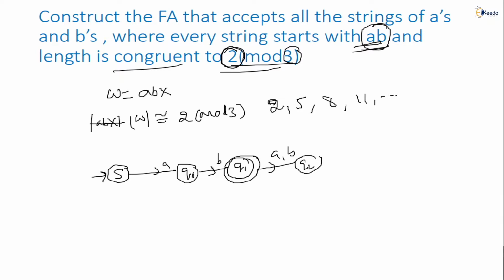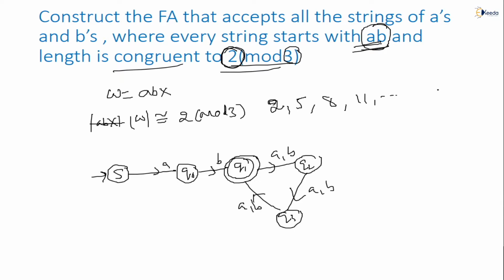Now length 2, length 3 we got, correct? Now length 4 we got, Q3 should reject. Length 5 should accept. Length 6 reject, length 7 reject, length 8 should accept, 9 reject, 10 reject, 11 should accept.